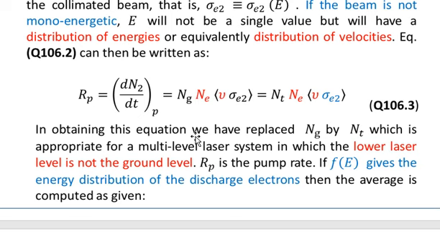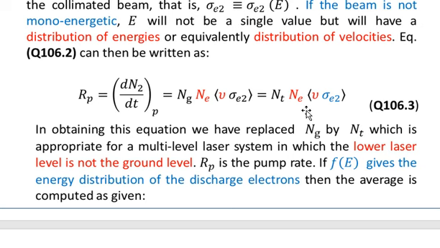In obtaining this equation, we have replaced Ng by Nt, which is appropriate for a multi-level laser system, in which the lower laser level is not a ground level. Since we are considering only a two laser level system, we are writing the pump rate equation. That is, we are pumping the atoms to the upper laser level, which is the N2 level.